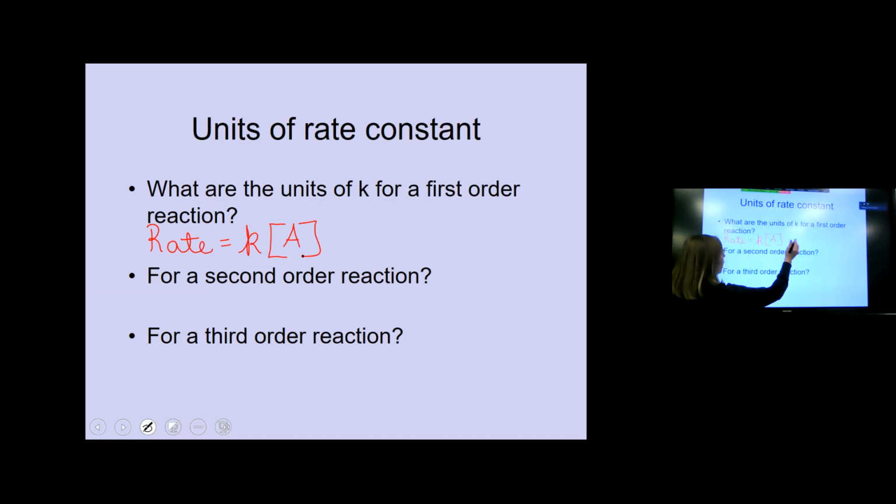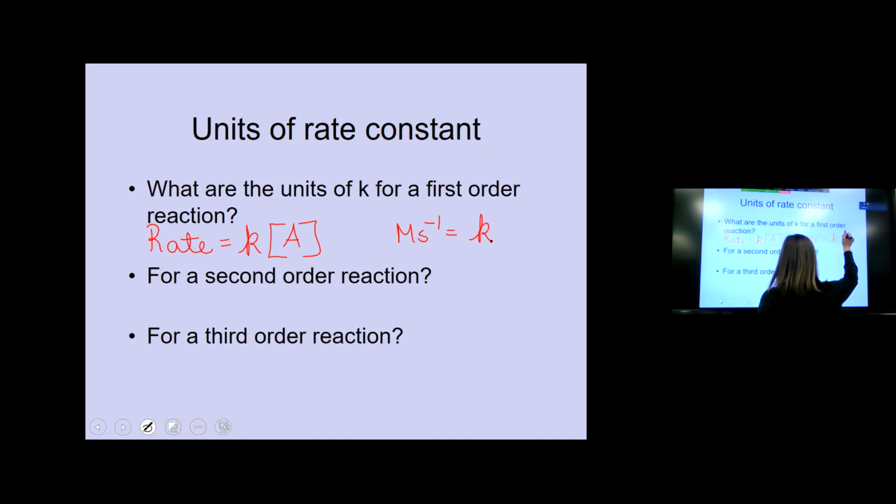All right, so if my rate needs to be molarity per second, I'm looking for K. Concentration of A would be in molarity. So K would be molarity per second divided by molarity. So the two molarities will cancel out and my units would be per second.